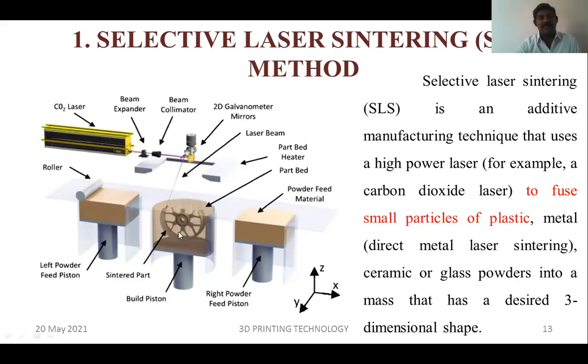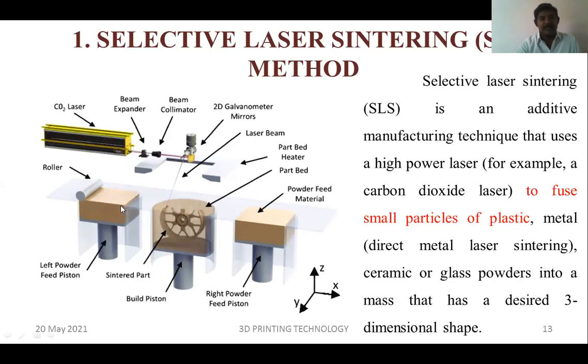So for every layer, the second piston will move from top to bottom. Top to bottom approach means if one layer is completed by the CO2 laser, it will move down. So the same process will be repeated. And here the laser is passing through this beam collimator and galvanometer, and it will pass on to the second piston.